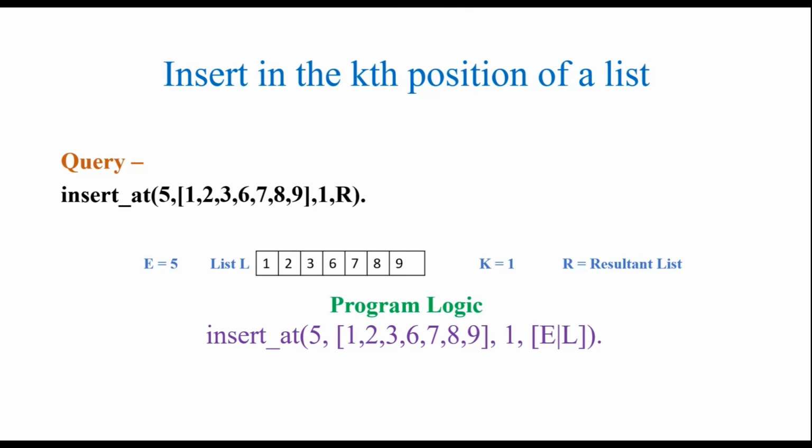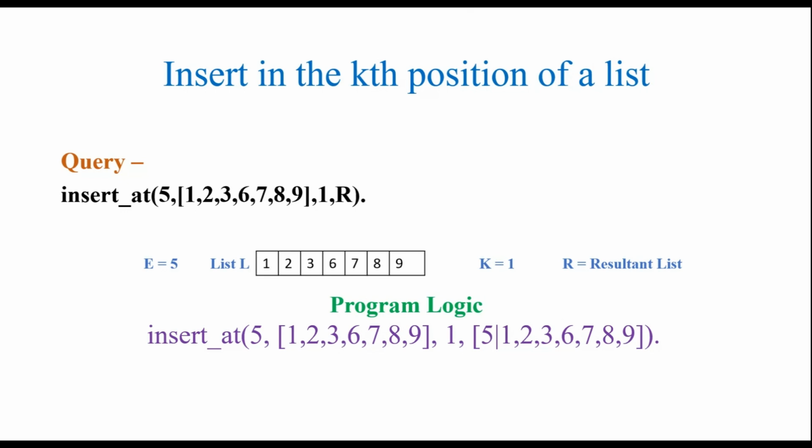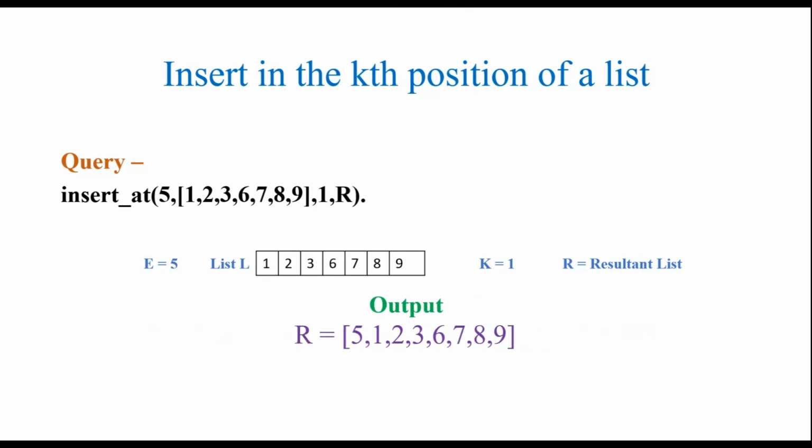And thus, in the result section, R is equal to EL, and EL is nothing but E, the element, becoming the head of the list, thus becoming the resultant list R. So the answer becomes 5, 1, 2, 3, 6, 7, 8, 9, and this is the output for the given query.